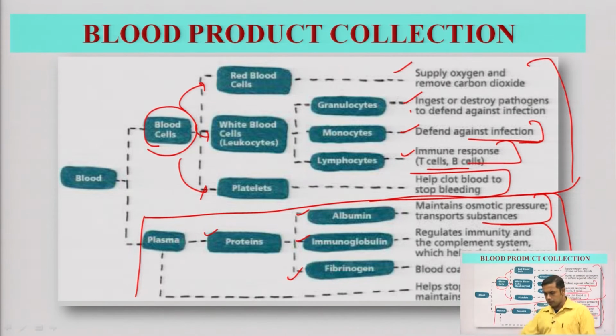If a virus enters, the immunoglobulin, that is the antibody we discussed in my previous lecture, will come to the area of infection and take some action. Fibrinogen works in blood clotting, during blood coagulation. Plasma also helps stop bleeding and maintain the blood volume.